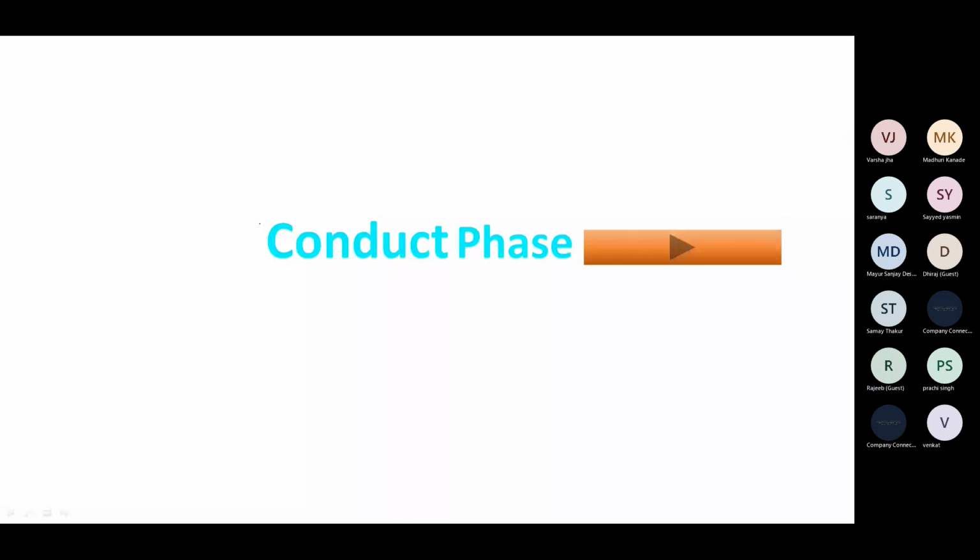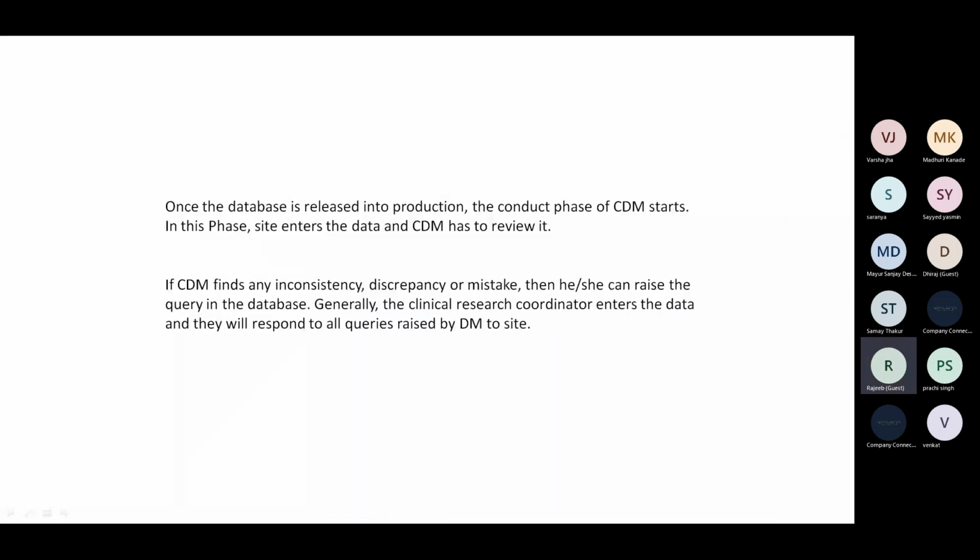There are separate documents to identify the errors, so we can discuss those when I give you the detailed session about it. But as for today, just understand that in the conduct phase, we try to clean the data as much as we can.